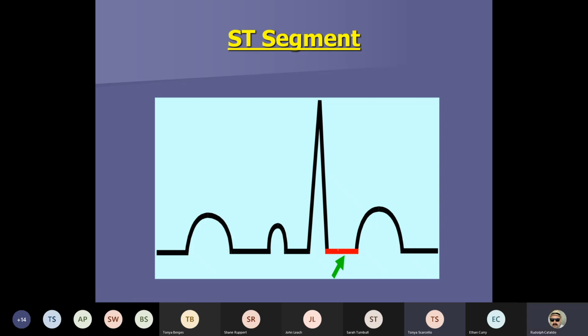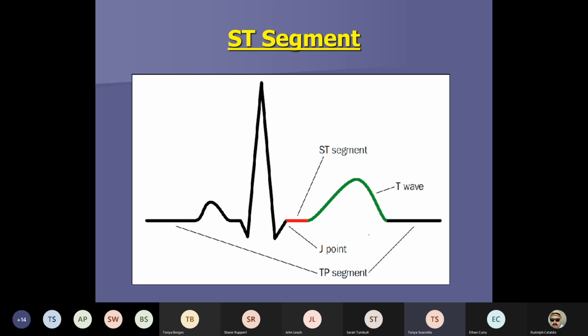Remember, if I'm looking at this, my J point is where I start to change direction. So right here would be my J point. And then this is my ST segment, in between my S wave and my T wave. Kind of like my PR, except that one's labeled ST. Now, again, I keep hitting this home because I want you guys to get a grasp on this.